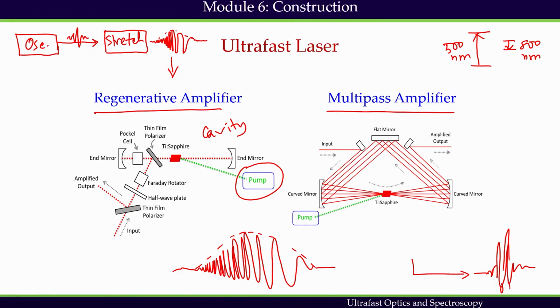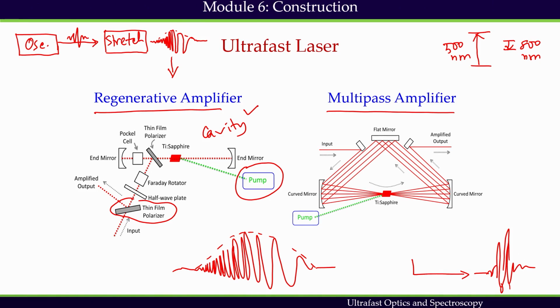The low energy pulse is introduced to the cavity in the regen amplifier using a time gated polarization device such as a Pockels cell and a thin film polarizer.